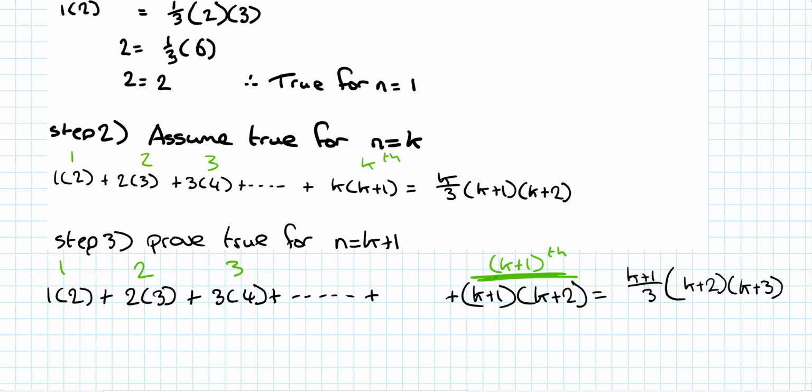Well, what comes before the k plus 1th term? The kth term. So this is k plus 1, my kth term. And I now use my assumption. I notice that this whole left hand side where the dot dot dot is equal to what I have up here. So I can replace it with this here.